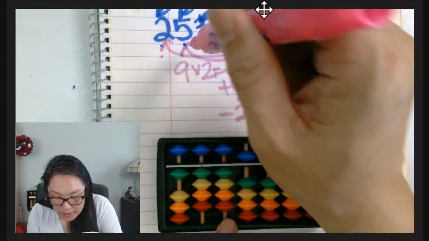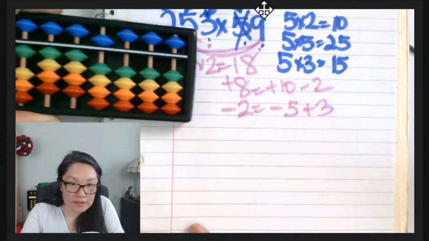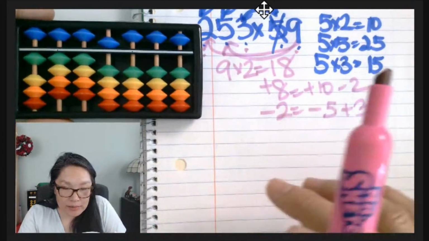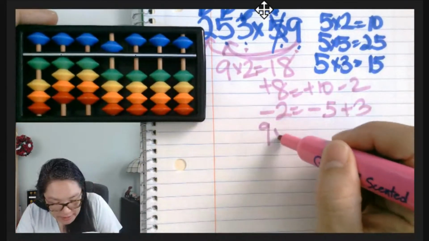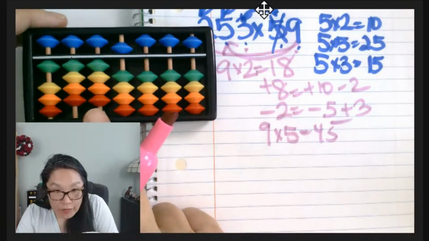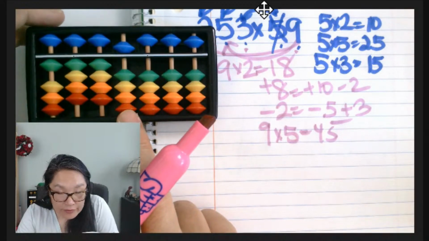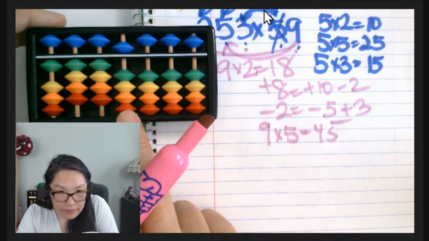So my next one is 9 times 5. Let's see if I did that. 9 times 5 is equal to 45. So I have 45 plus 4 plus 5. Is that right?